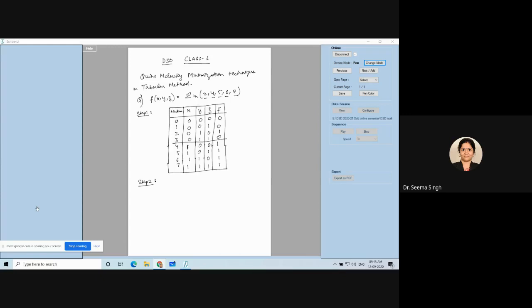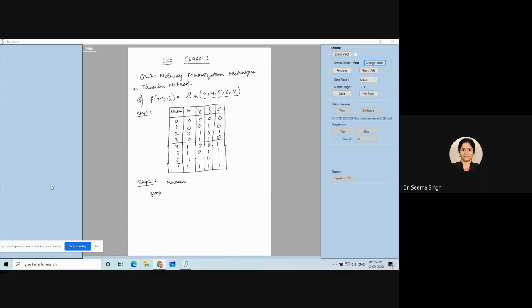Now I am making groups. Can you see which group has 0 ones in the expression?